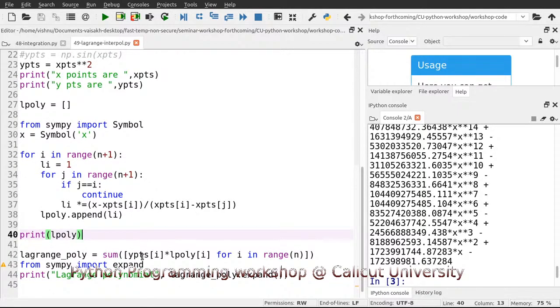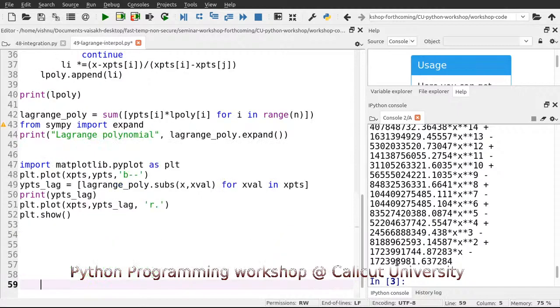Now the Lagrange polynomial: the y value into the polynomial is here. So y0 into L0, y1 into L1, y2 into L2, etc. What is the last polynomial? It is y20, so n plus 1.